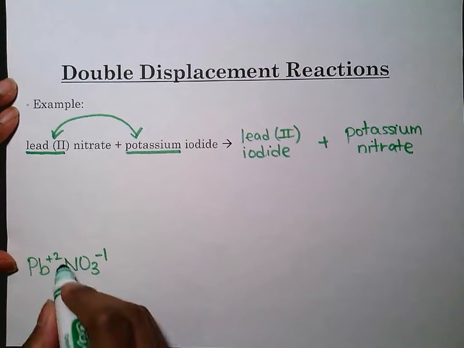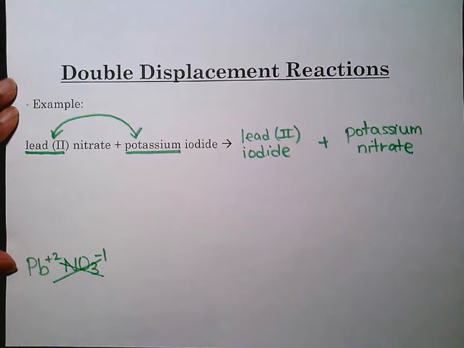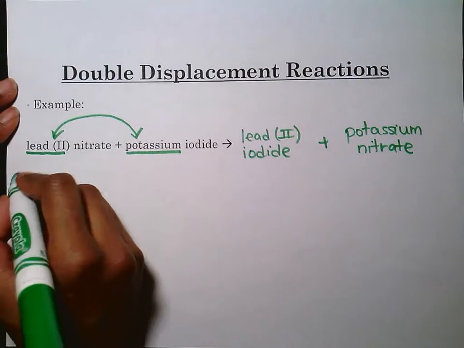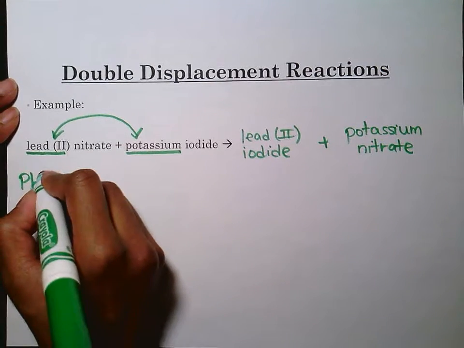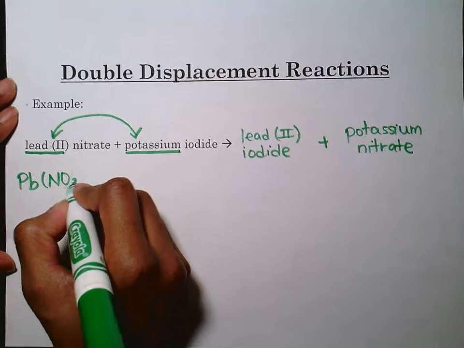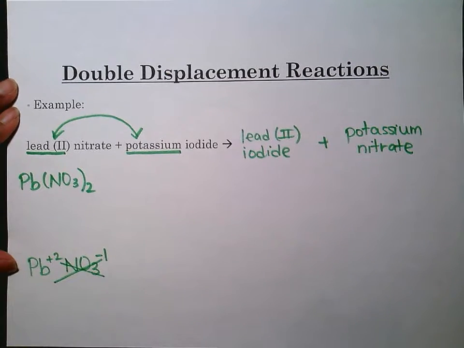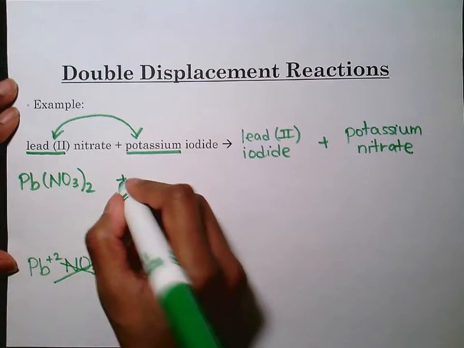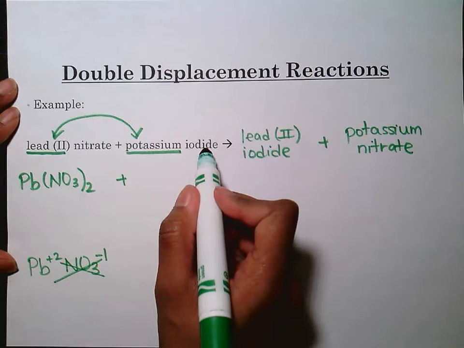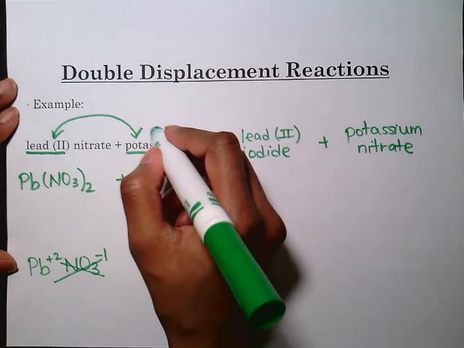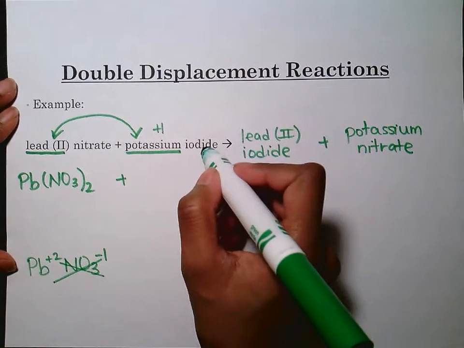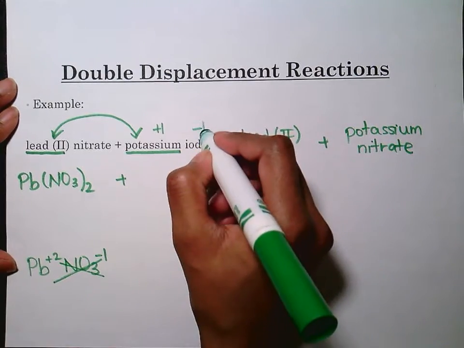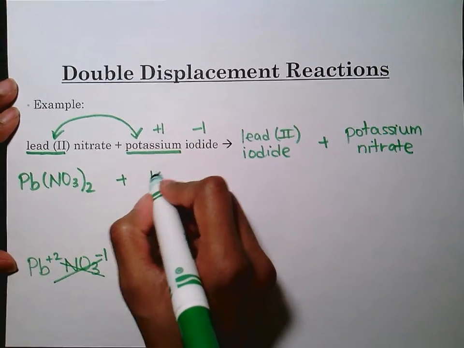So you're going to crisscross your charges, use brackets where needed. So I'd be Pb, my lead 2 nitrate, my potassium and my iodine. So potassium is +1 and your iodine is -1. So when you crisscross them, the ones are not going to be there.